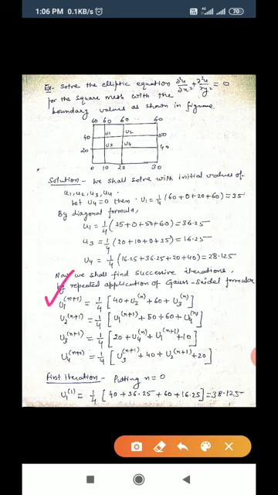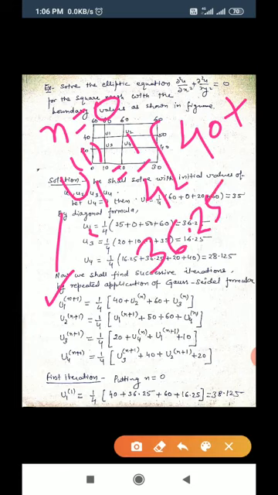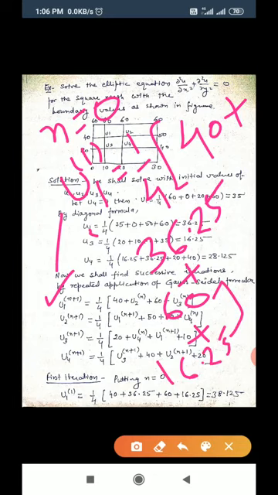Whenever we put n equal to 0, this is converted into u1^(1), which is equal to 1/4 (40 + u2^(0) + 60 + 16.25). Here u2^(0) means the initial value of u2, which is 36.25. So here u1^(1) is equal to 38.125.